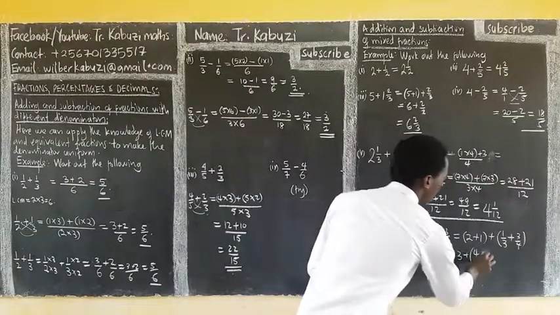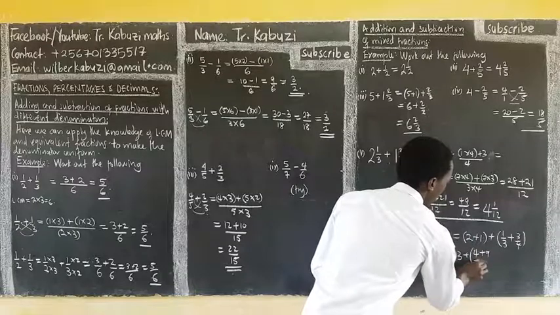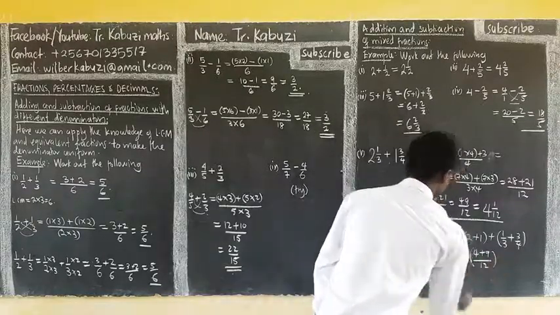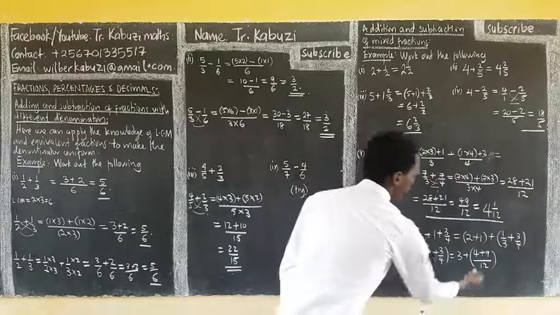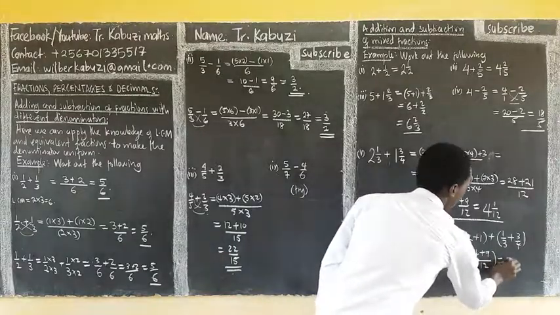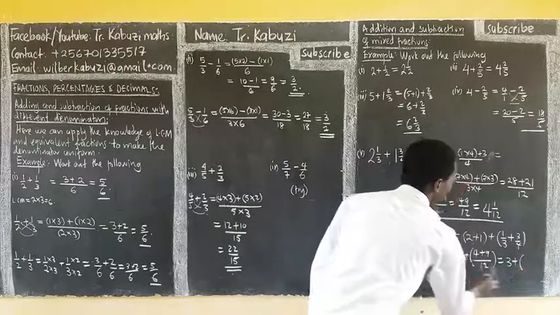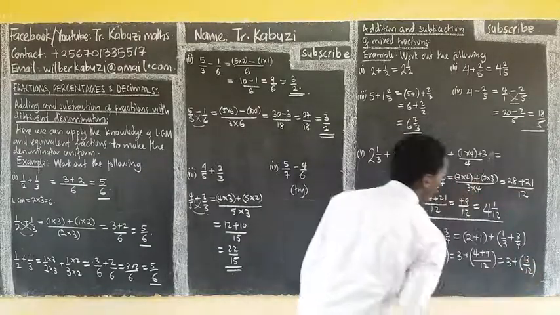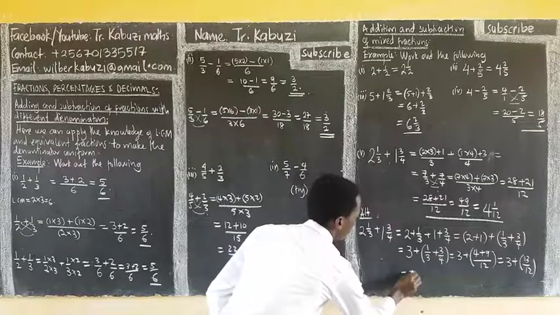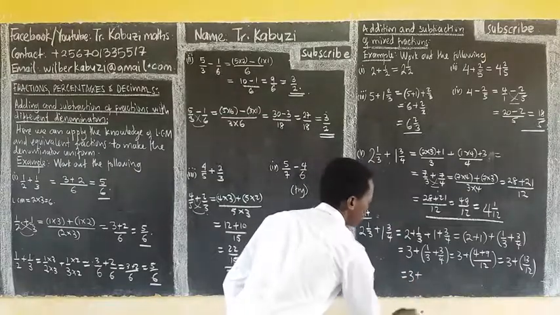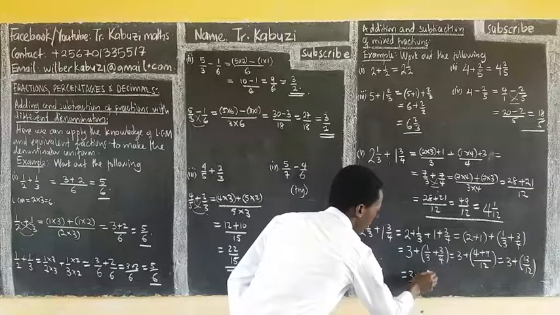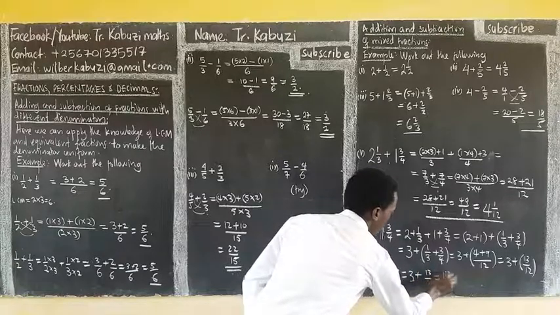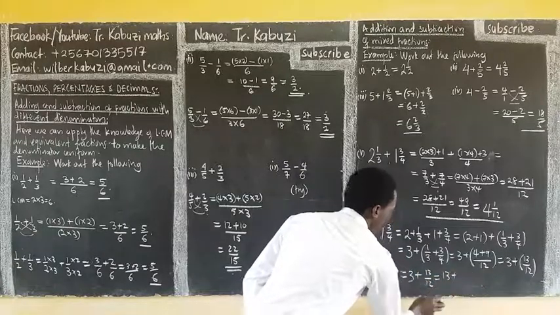This times this plus 9, now over 12, which is going to be 3, then plus 13 over 12.